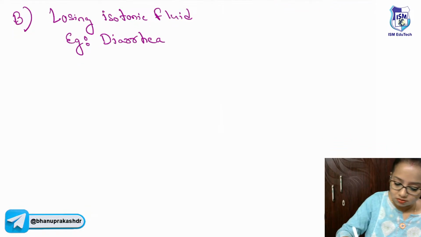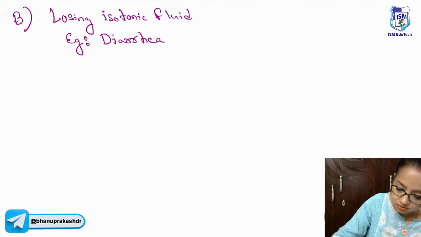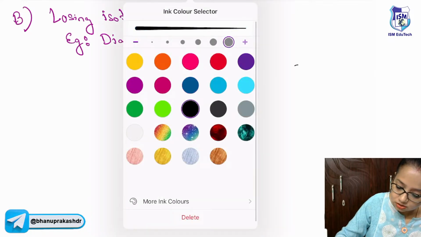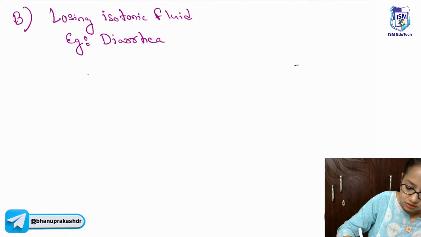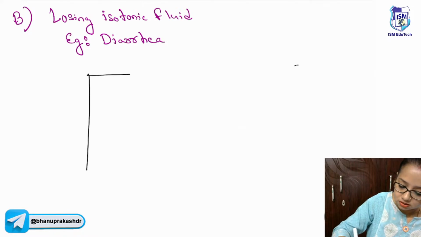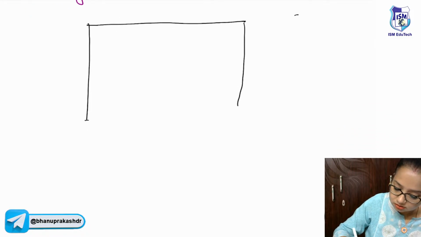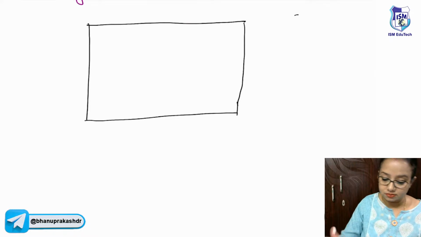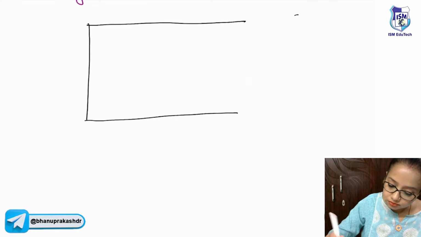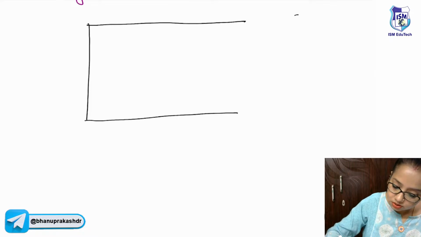So let us draw the diagram and see, when there is loss of isotonic fluid, what will be the shift or the scenario in the cell? That is according to the Darrow-Yannet diagram.